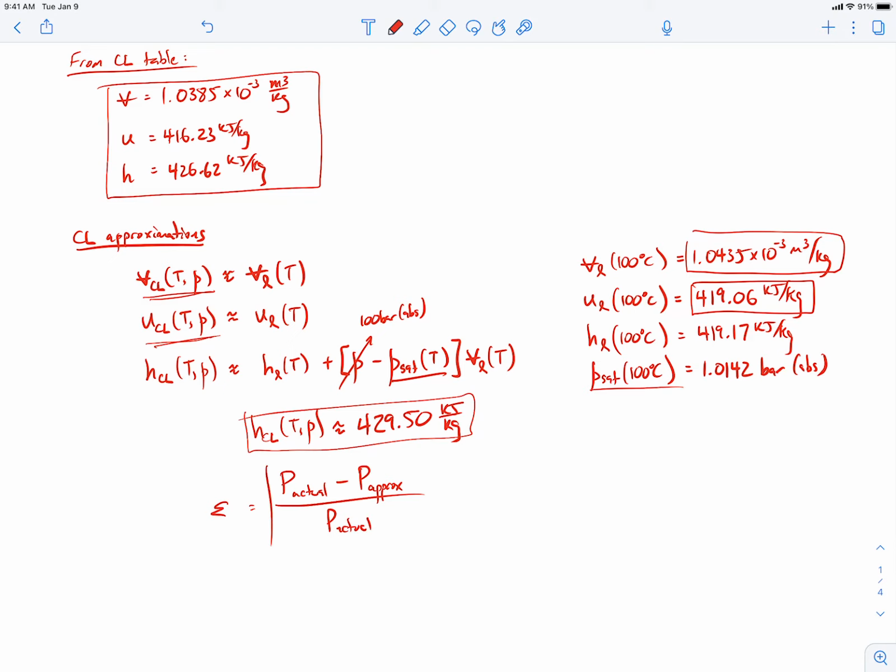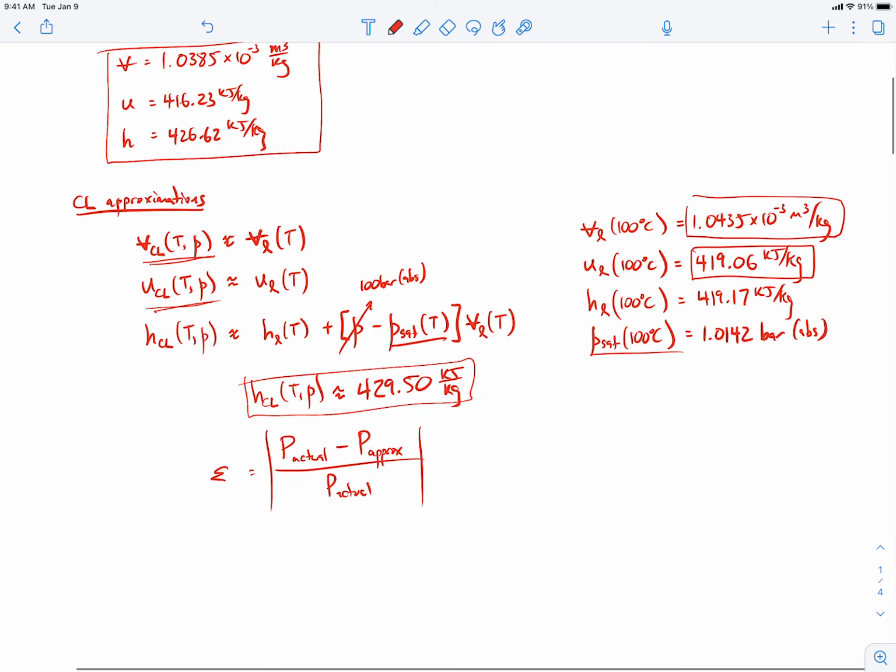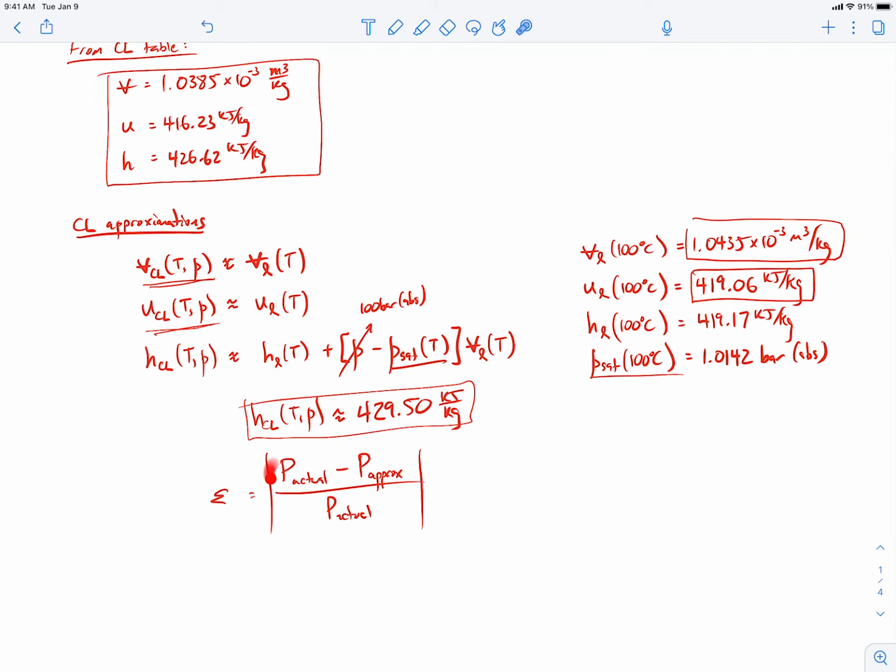We'll take the absolute value of it just to give us the relative error, just the magnitude of it. So what this is showing is the difference between the actual value and the approximation, and then we make it relative to the actual value. So this tells us how far off we are, relatively speaking, from the actual value.